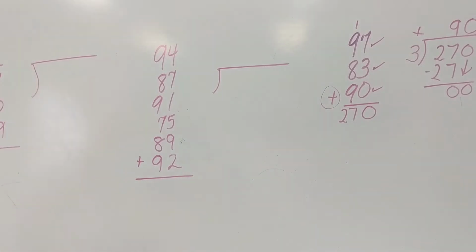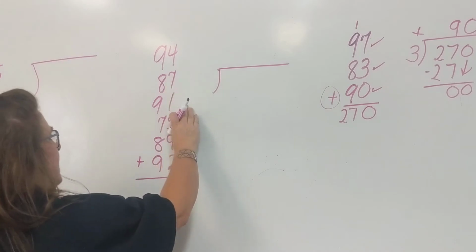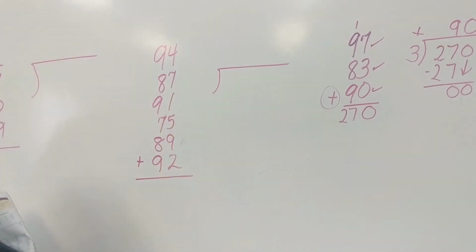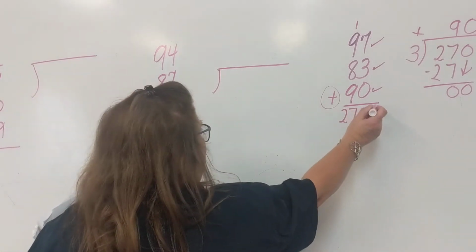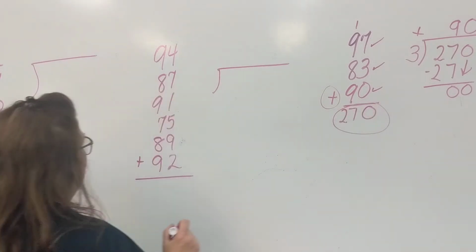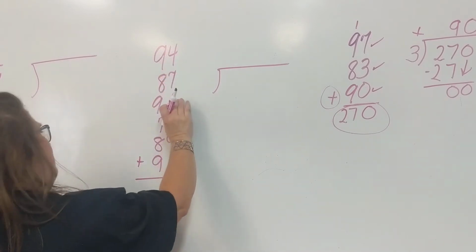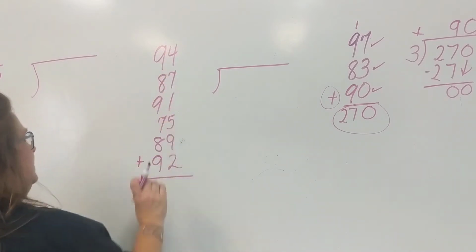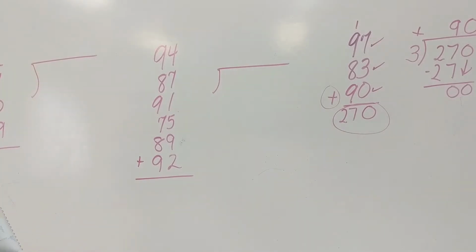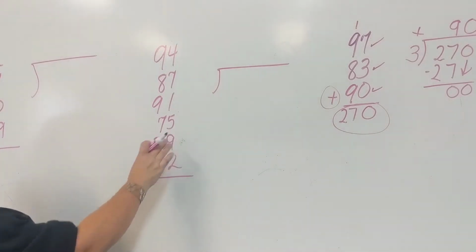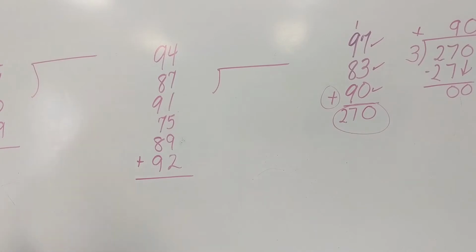Here we go. We're going to average together 94, 87, 91, 75, 89, and 92. So the first thing we do is we find our sum. So we're going to add them together. 4 plus 7 is 11, plus 1 is 12, plus 5 is 17, plus 9 is 26, plus 2 is 28.